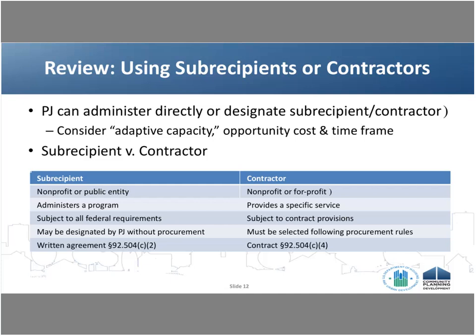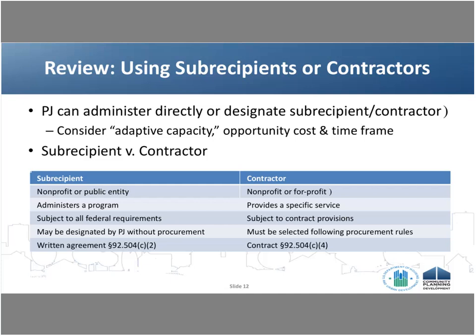92.504(c) has the written agreement requirements. (c)(2) is the section on subrecipients, and basically that lists all the things that have to be in the written agreement. On the other hand, we have contractors. Contractors not only can be nonprofits, but they can also be for-profit entities. They are retained by the PJ to perform a very specific service for you and your program.